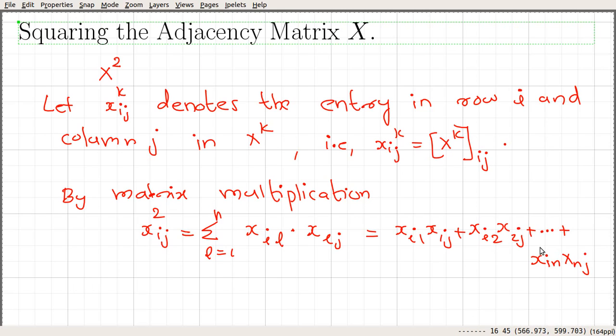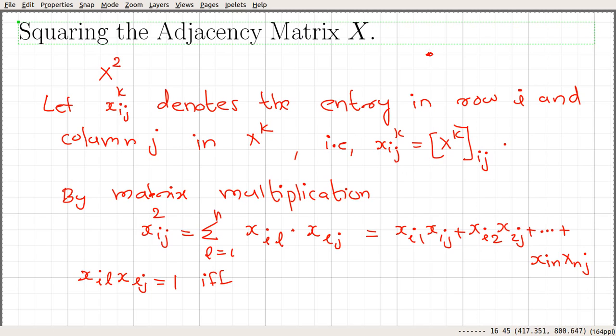Here we can see that if you consider any term, this product x_il times x_lj is equal to 1 if and only if the following holds.